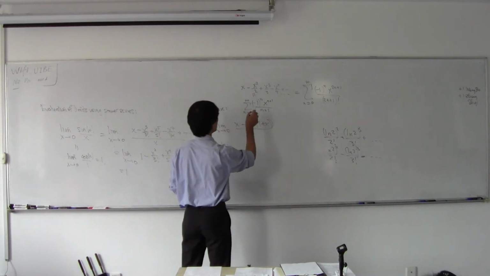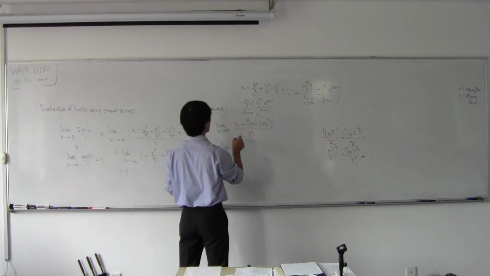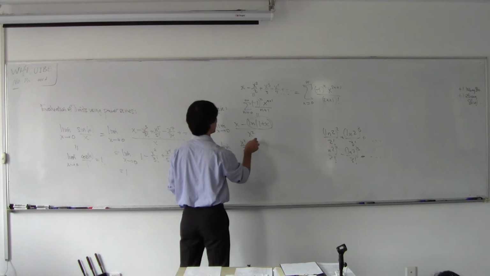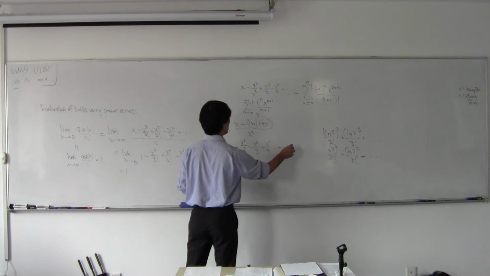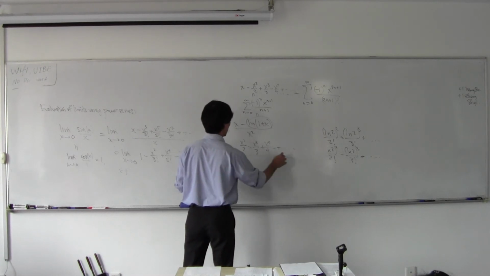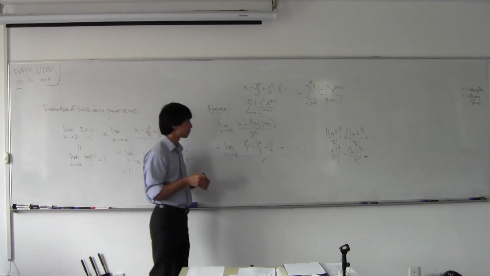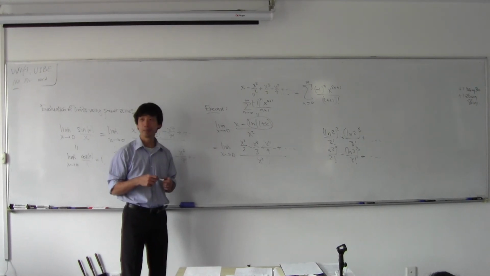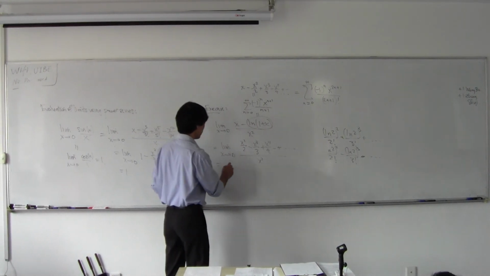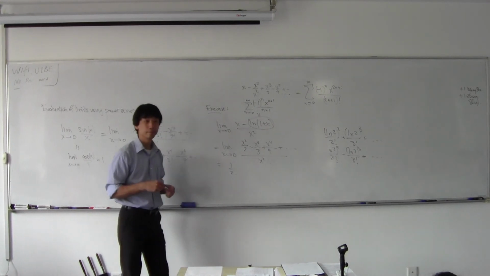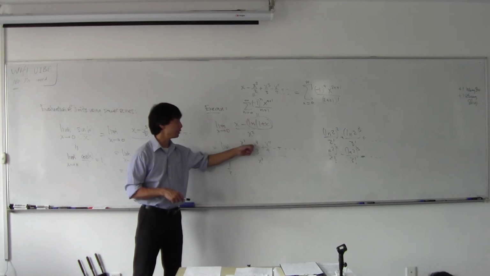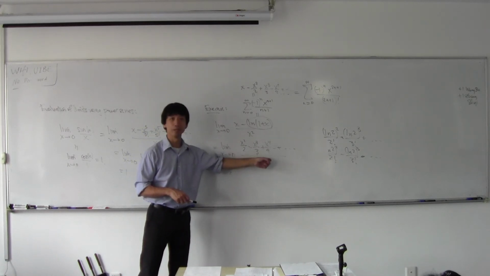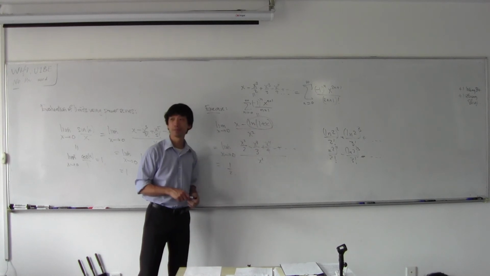So you take x minus that, and you get x squared over 2 minus x cubed over 3 plus x to the 4 over 4 minus plus, etc., everything over x squared. And so what's the answer? The answer is 1/2. Because you get 1/2 minus x over 3 plus x squared over 4, etc. And all these guys will vanish.